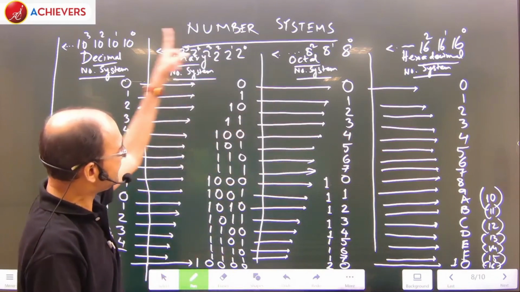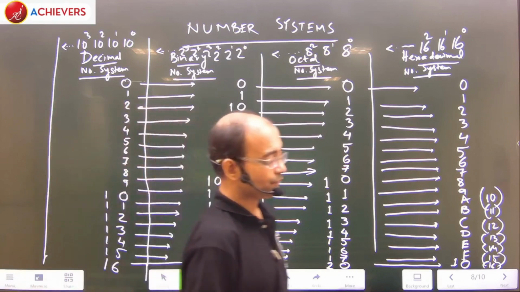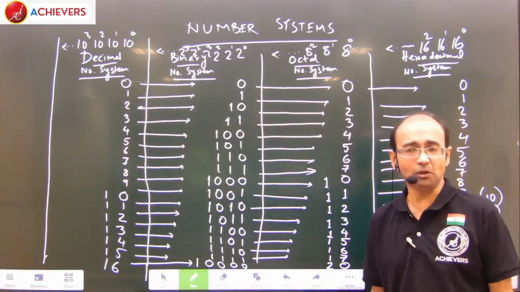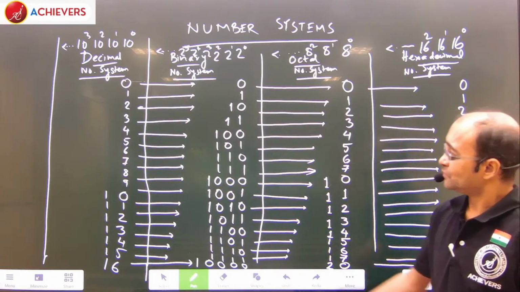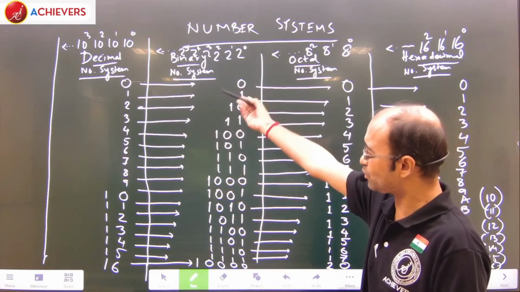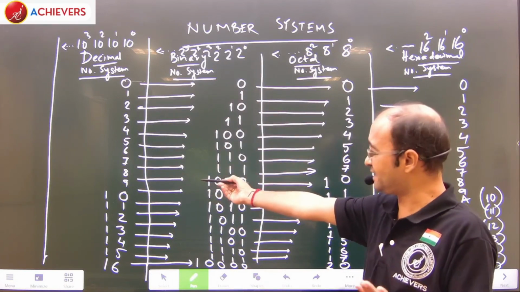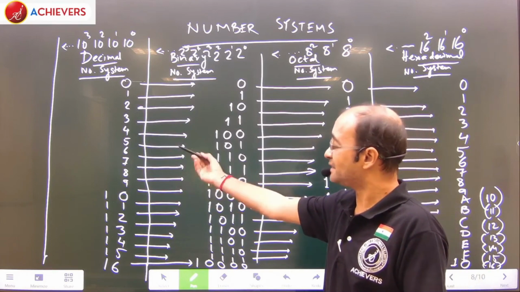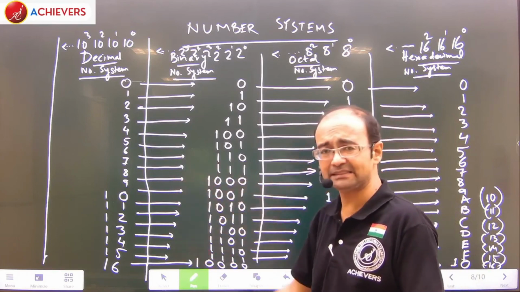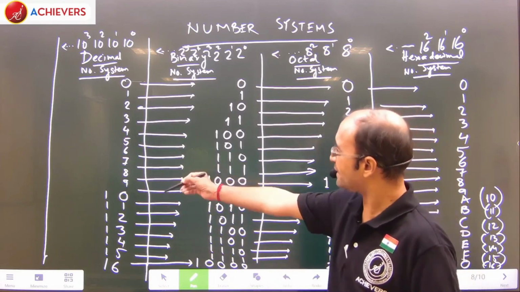So this is in total the concept of number systems. Let me revise the whole thing. In the decimal number system, we start from 0 to 9 because 10 digits are there, and after 10 digits we represent the same thing 0 to 9, and beside that we put 1 in the tens place.